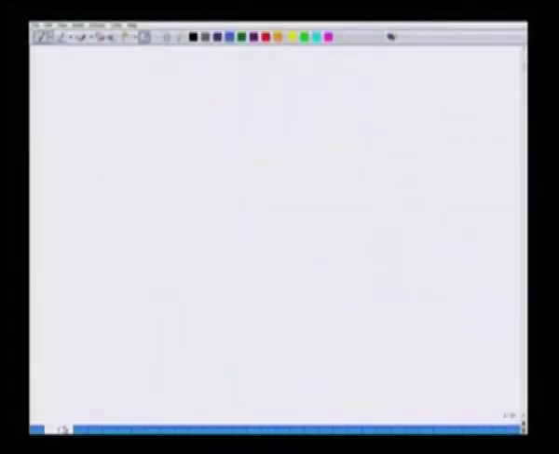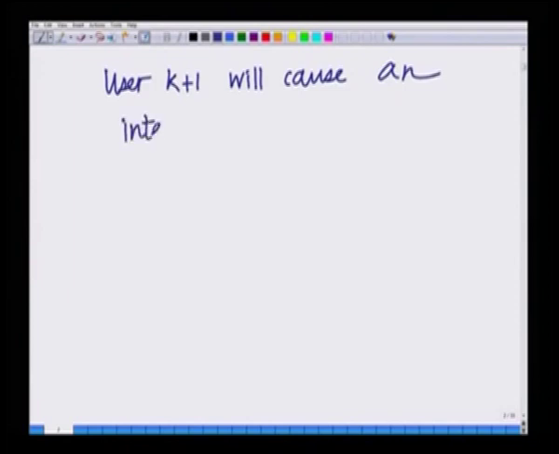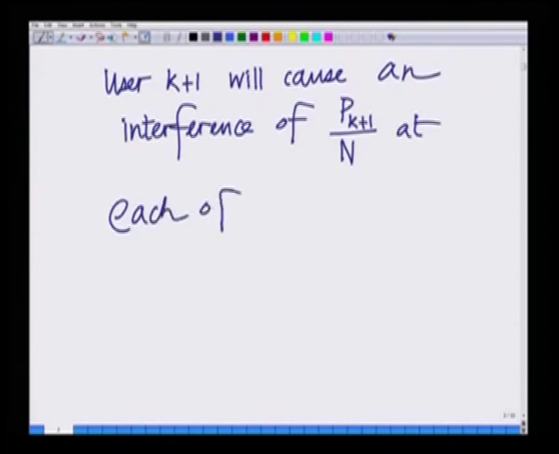In fact, I can generalize this by saying user k plus 1 will cause an interference of P k plus 1 over n at each of the users 0, 1 up to k.